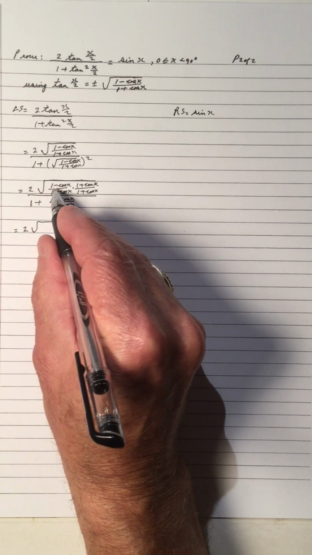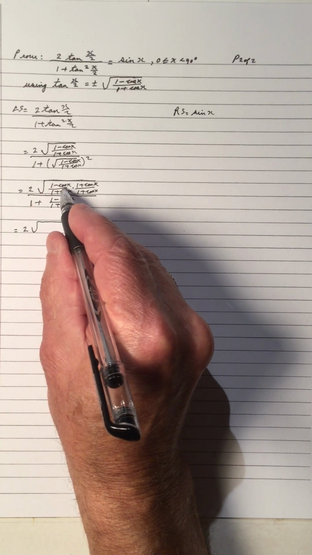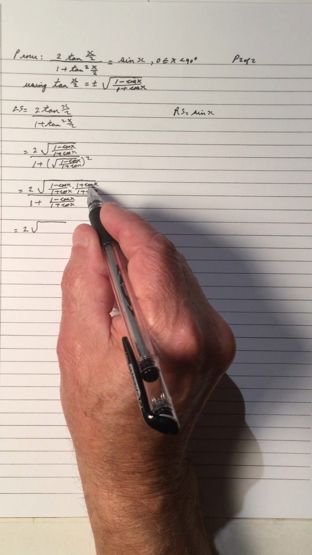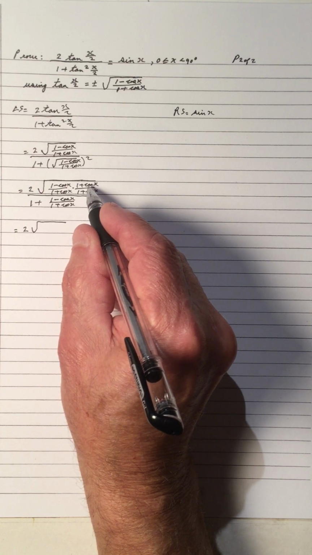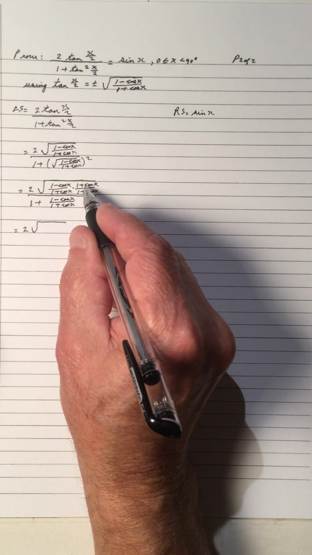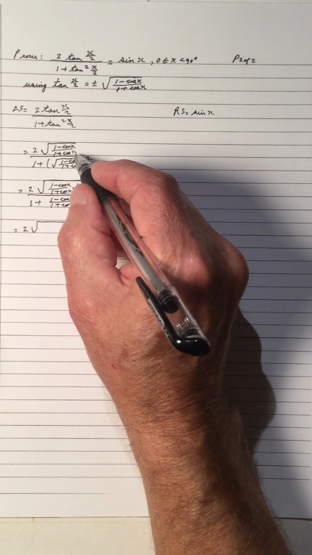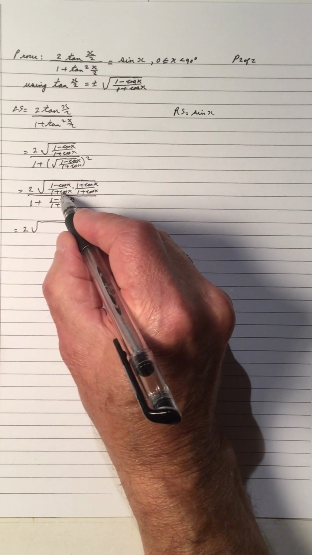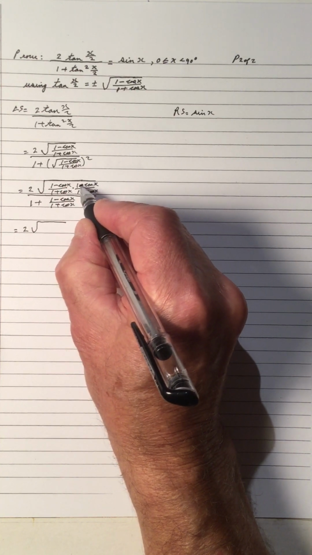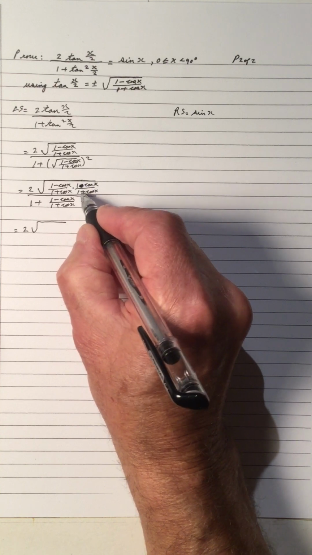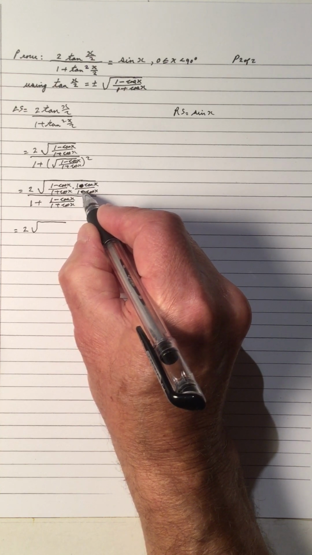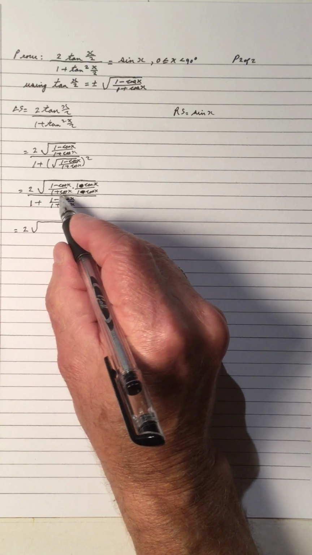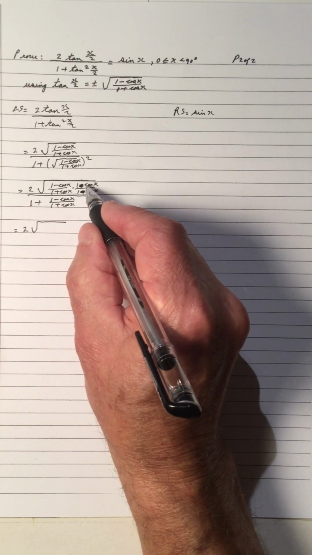So we multiply 1 minus cos x by 1 plus cos x. I have to do a conjugate here. I made a little mistake already, and I know the difference: the conjugate of 1 plus cos x is 1 minus cos x.